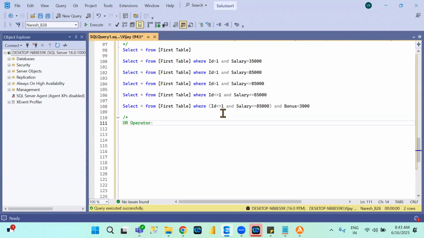If both the conditions are not satisfied, then only that record is not included in the table. Understand or not? If any one condition is satisfied in the OR operator, that record is included in the table. If both the conditions are not satisfied, then only those records are not included in the table. Understand clearly or not? Is that clear or not?